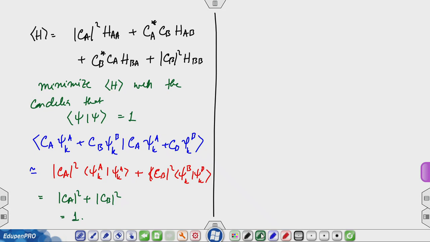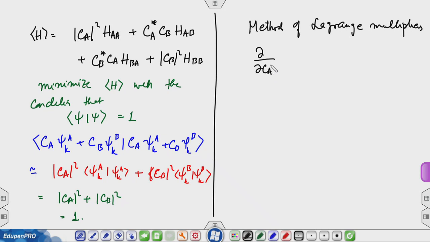So, we apply the method of Lagrange multipliers and minimize d by d C_A star of H minus E times mod C_A square plus mod C_B square minus 1, with the Lagrange multiplier E, the energy, equals 0.